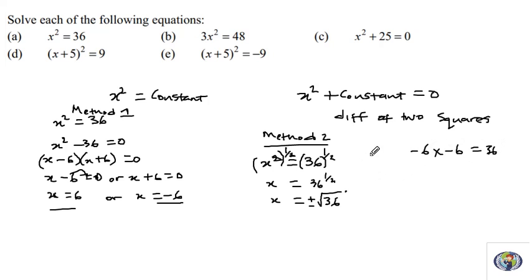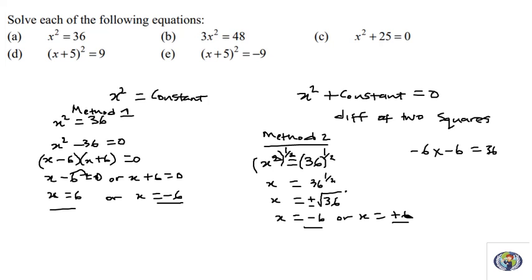But someone may be caught unaware and just give us one answer. So this is going to be x equals minus 6 or x equals positive 6. Okay, so this is how you find an equation and solve it.